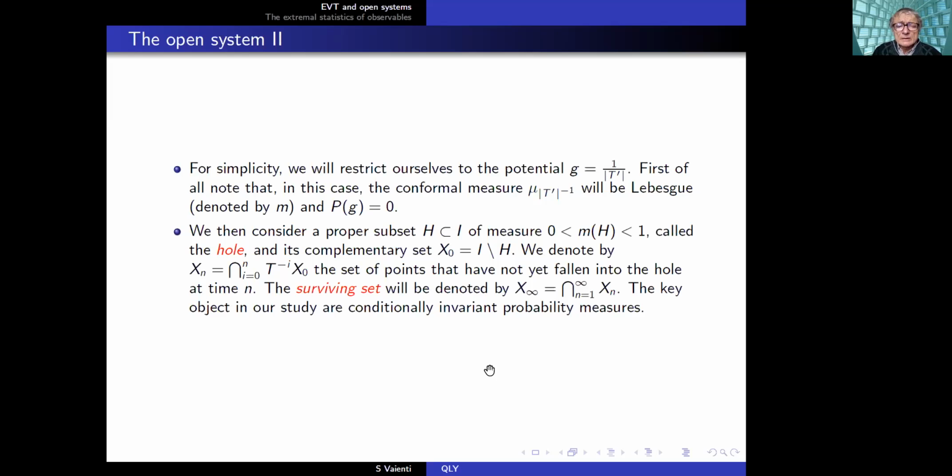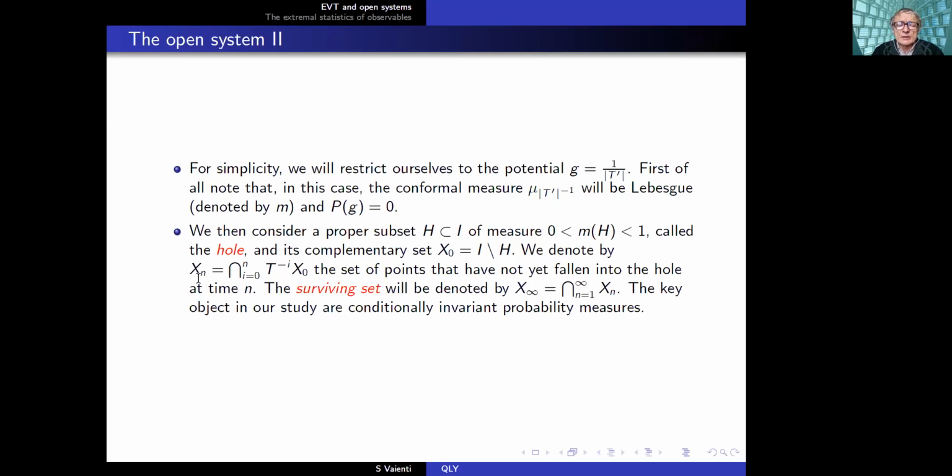If I call X_0 the complement of the hole, of course, this is the set of points which are not in the hole at the beginning. And if we want to consider all the points which will never hit or will never get into the hole, we have to construct this set.